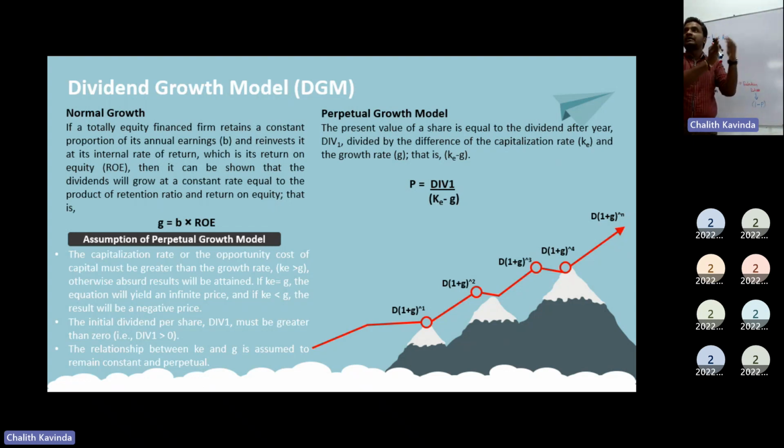Simply, you can calculate your dividend up to 6 years. Is that fine? But there are some situations where the growth of the dividend is not linked with a particular growth rate. In that case, you have to apply this perpetual model.